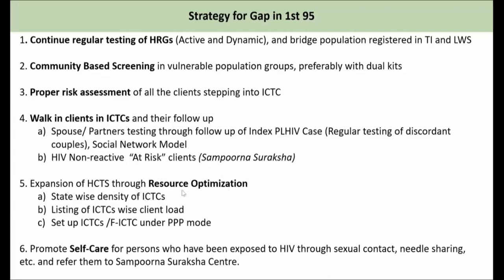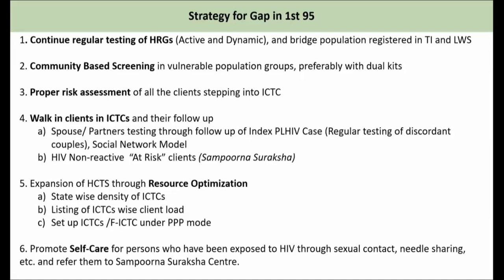And then we can think of expanding our ICTC sites through resource optimization. Just make a state-wise list of ICTCs, where our ICTCs are located, where our FICTCs are located, what is the client load of the existing ICTCs, and what is the need of setting up new ICTCs or FICTCs in the PPP model.